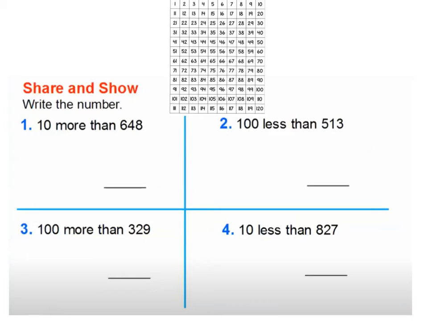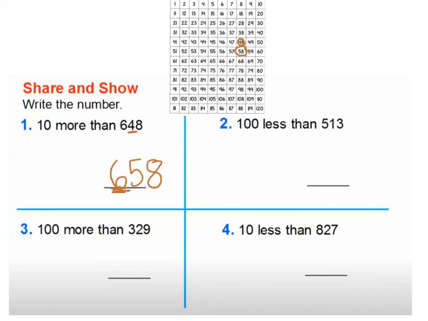So let's find 48 on our hundreds chart. And we want 10 more. So that means we're going to add 10. So we look underneath. And what will our new number be? 658. If you're using the hundreds chart, that's fine, but don't forget to still include that hundreds place.